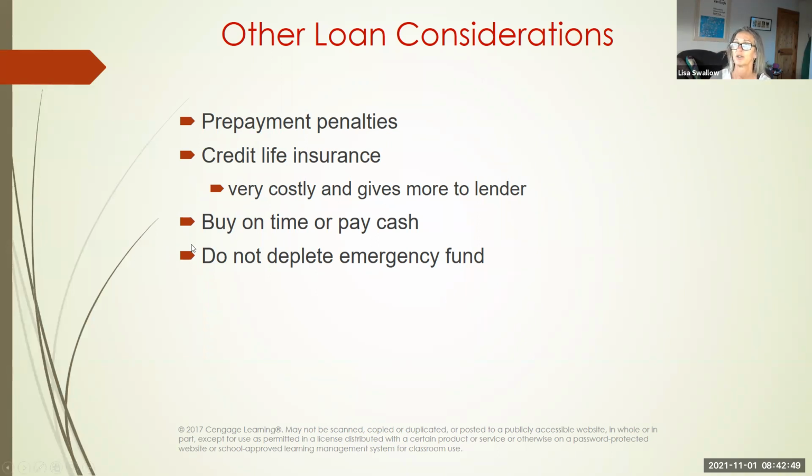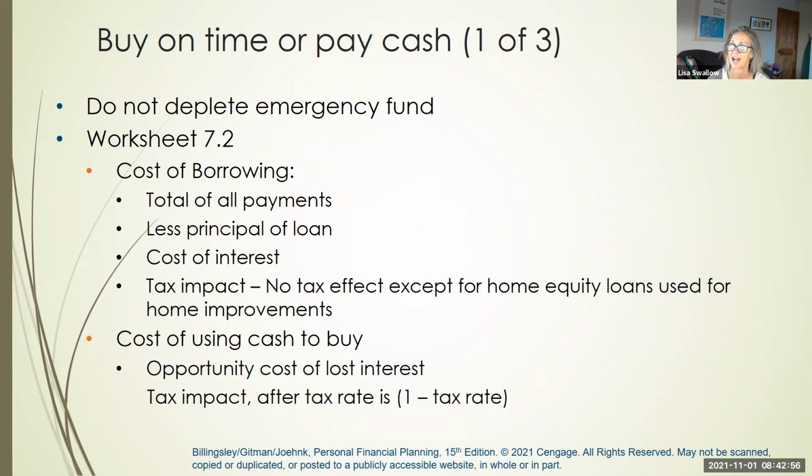And the other thing that we want to talk about here is that sometimes, if you've got cash, it may be more financially lucrative for you to use the cash rather than to borrow the money. But sometimes you might want to keep your cash in the bank and borrow the money. What that's called is a comparison between paying on time or paying cash.